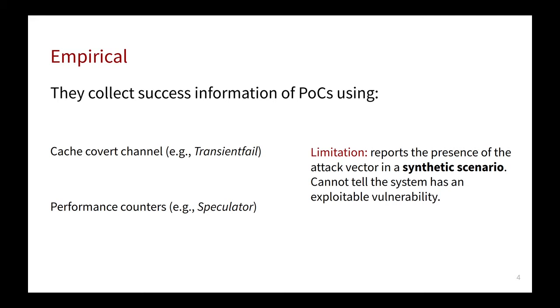This is because they run their proof of concept implementation in just a synthetic scenario. So we are not able to take that result and map it to one of the use cases we saw before. On the other side of the spectrum, we have the information gathering tools.